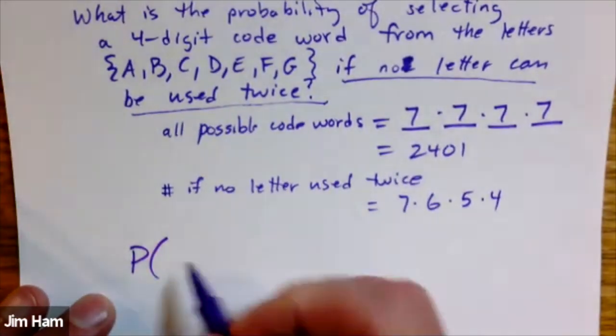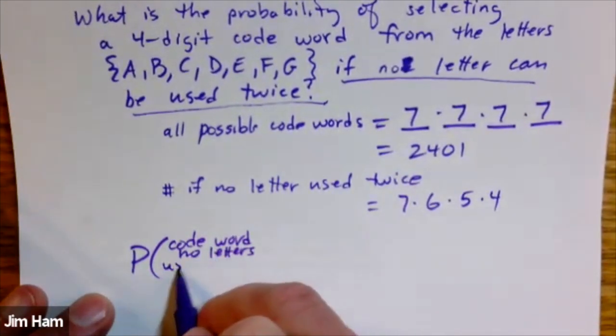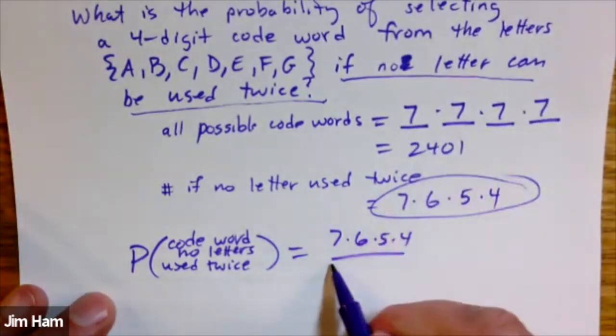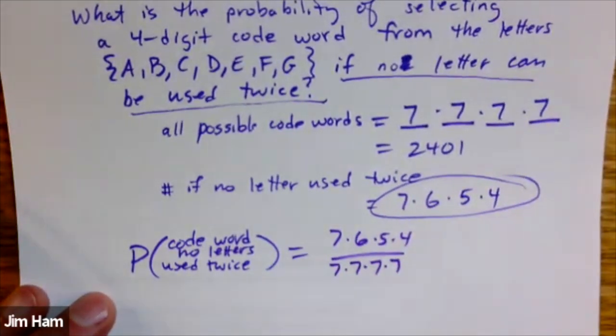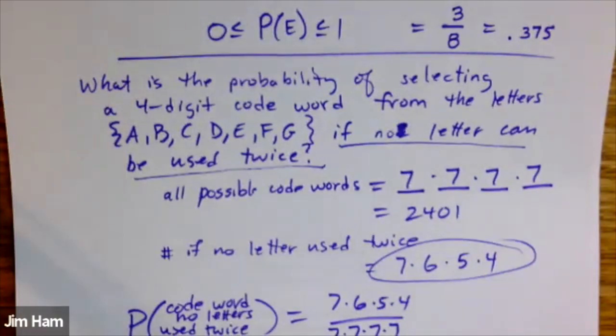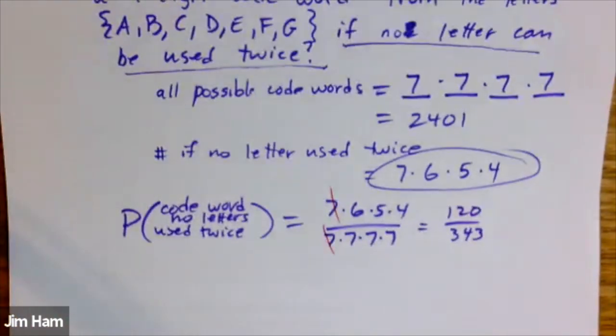So to calculate the probability of a code word with no letters used twice, we would take the number of ways we can find a code word like that, and divide by the total number of possible code words if there are no restrictions on them. So we're using two of the problems here and putting them together in a fraction, and then you'd want to reduce this fraction somehow. I think this is 343, and I think this is 120. All right, and then you could reduce it if you wanted.